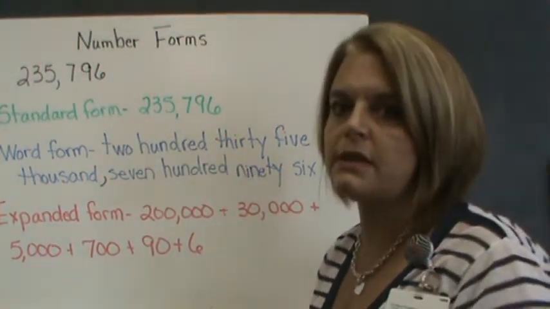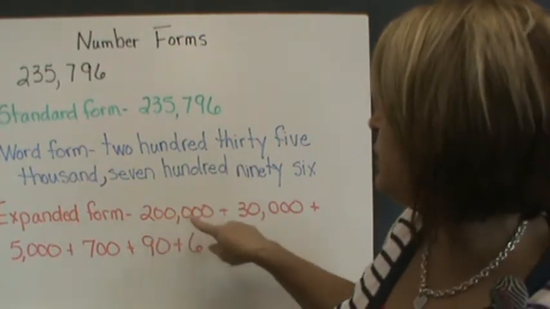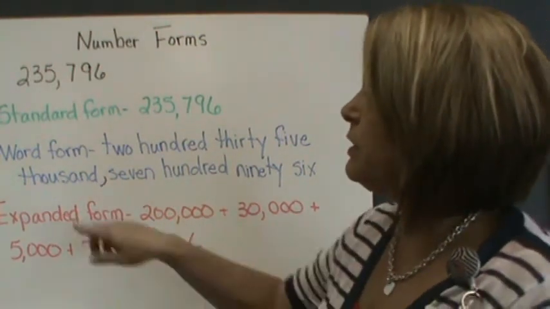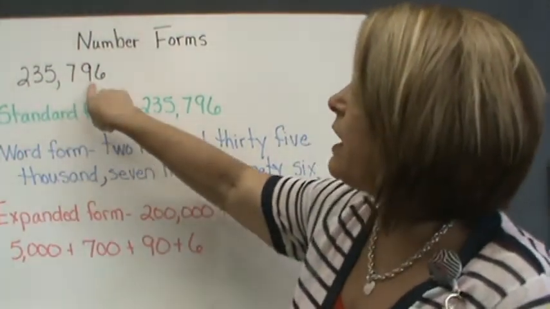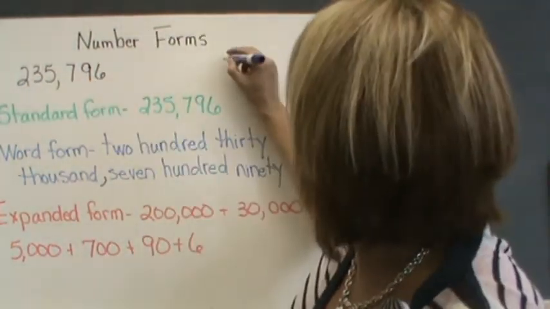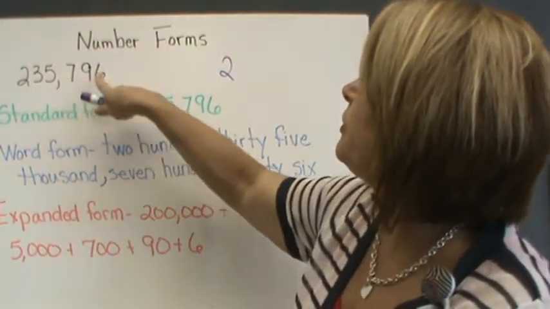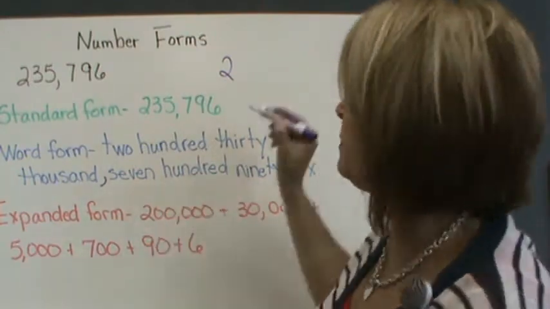What's the value of the 6? It's worth 6. Little trick, all you're going to do is turn the numbers to the right into zeros. So when I have 200,000 and I want to know the value of that 2, I can write my 2 and then count 1, 2, 3, 4, 5. I'm going to turn all those into zeros.